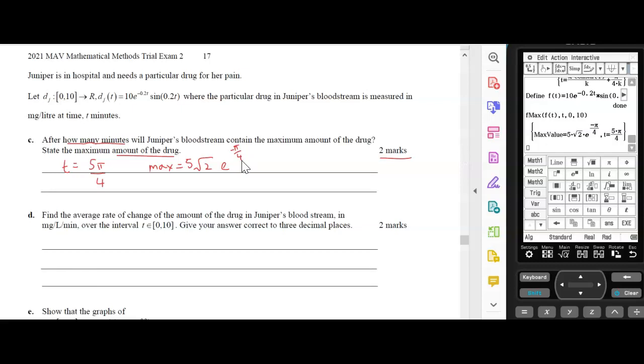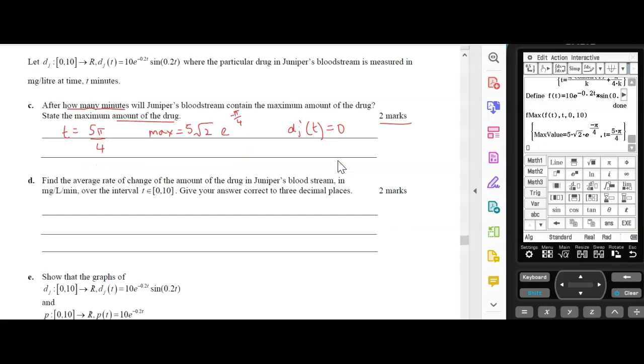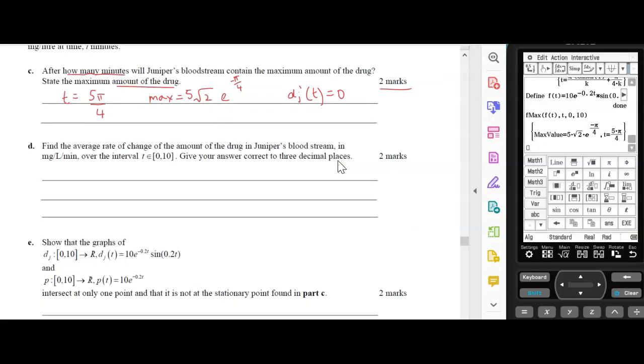Now, if you needed to show a bit of working, you can say, all right, let's let D dash, the derivative, equal 0. Okay, so that's what you would do because it's a stationary point, but we can just do that on the calculator. All right, find the average rate of change of the amount of the drug in Juniper's bloodstream in milligrams per litre per minute over the interval 0 to 10. Give your answer correct to 3 decimal places.